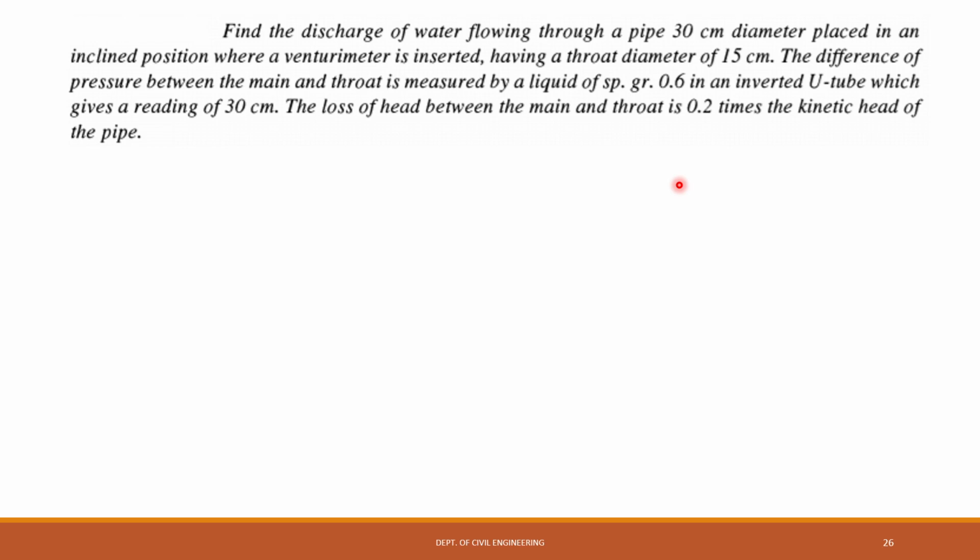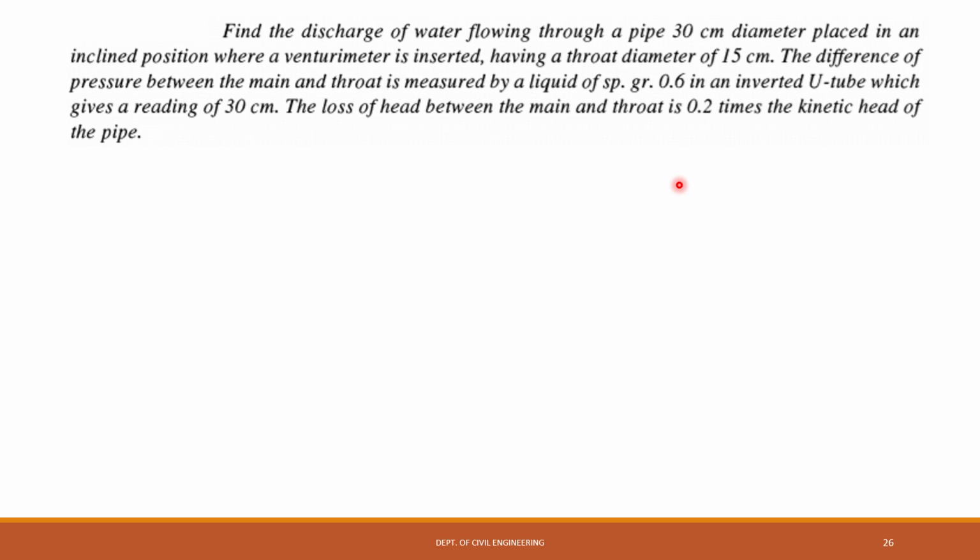The difference of pressure between main and the throat is measured by a liquid of specific gravity 0.6 in an inverted U-tube, which gives a reading of 30 cm. So the manometric fluid is a liquid of specific gravity 0.6.